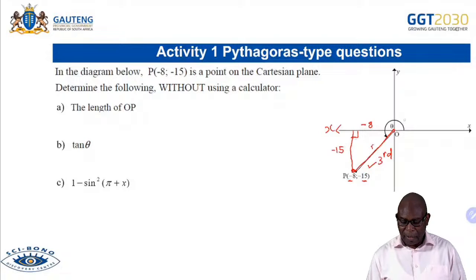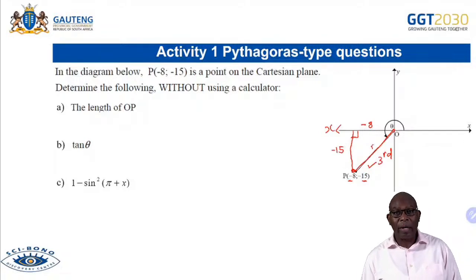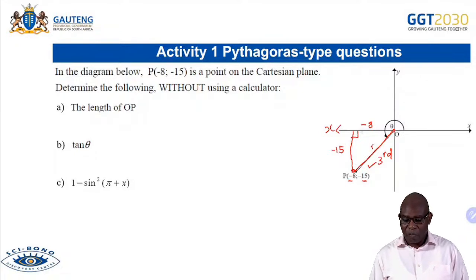I don't have r. Remember, this is working in a unit circle. It's a circle. R is the radius. Y is the y-axis and x is the x-axis. So the length of OP, I can use the theorem of Pythagoras.